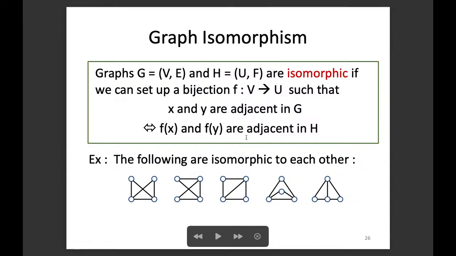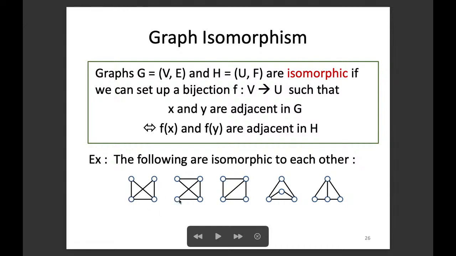then there will be an edge between the mapped vertices. Okay, so isomorphic, if we want to describe it formally, we will see that if two graphs are isomorphic, then there exists a bijection, let's say f, between the vertices. So we are having a bijection of the vertices.